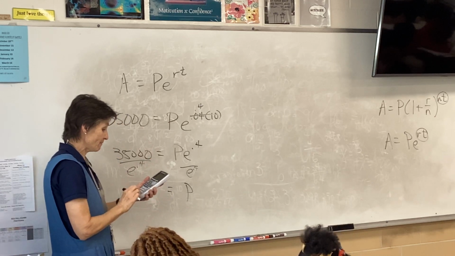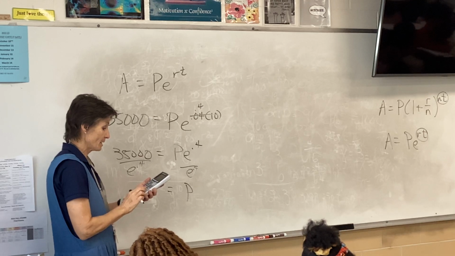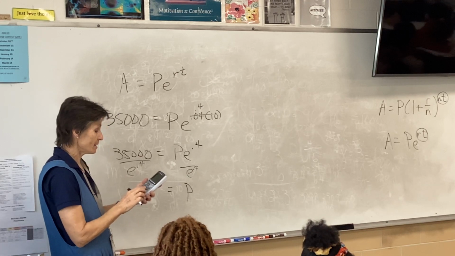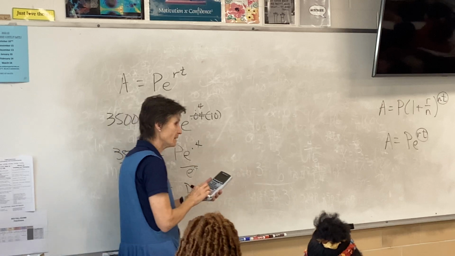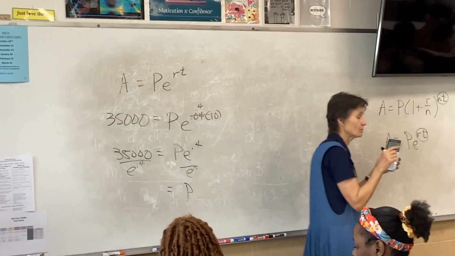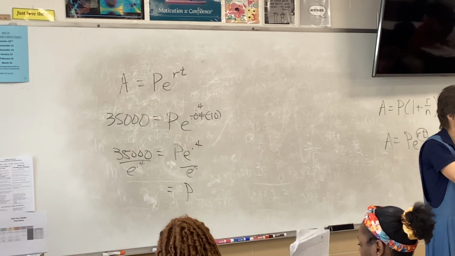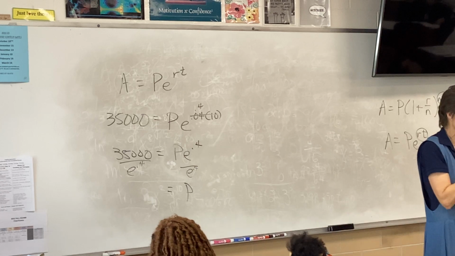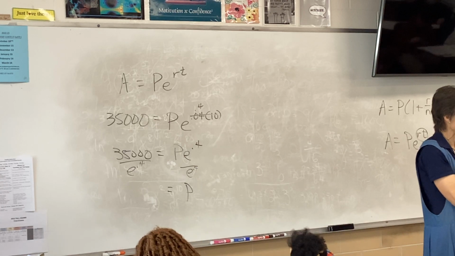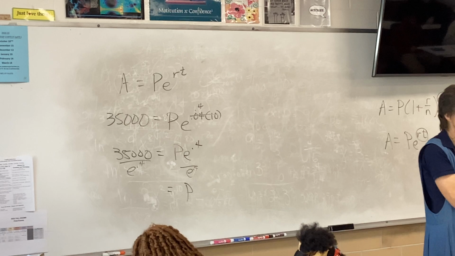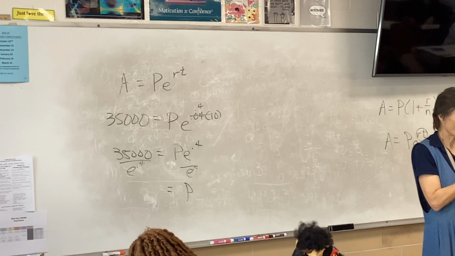So 35,000 divided by second ln. That's how you get e. Look at your ln button, right above it, it's e. So 35,000 divided by second ln 0.4.